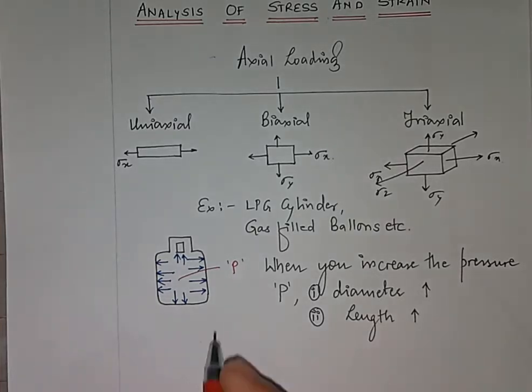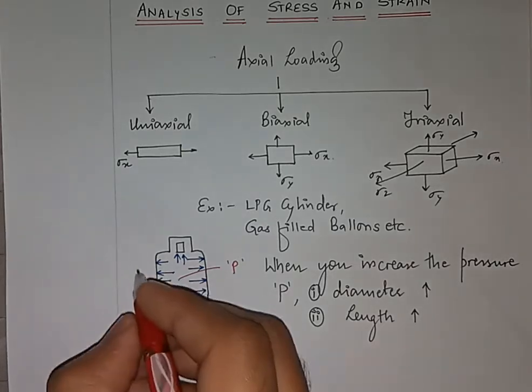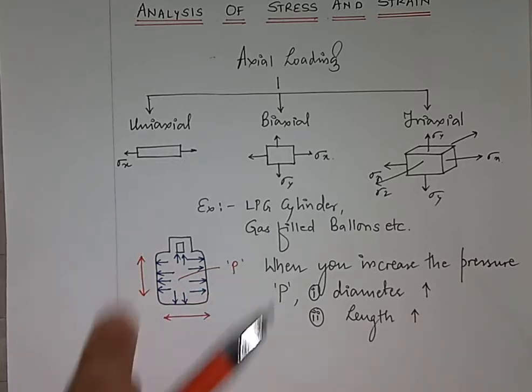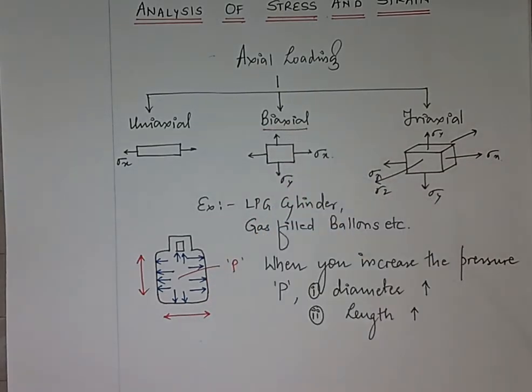It will try to increase in this direction, also in this direction. Why? Because the loading, because of the pressure, will be in this direction as well as in this direction. So this case where the loading is in two directions, you can call it X and Y, or you can call it circumferential and along the axis of symmetry. Since the loading is in two directions, this becomes a state of biaxial stress.